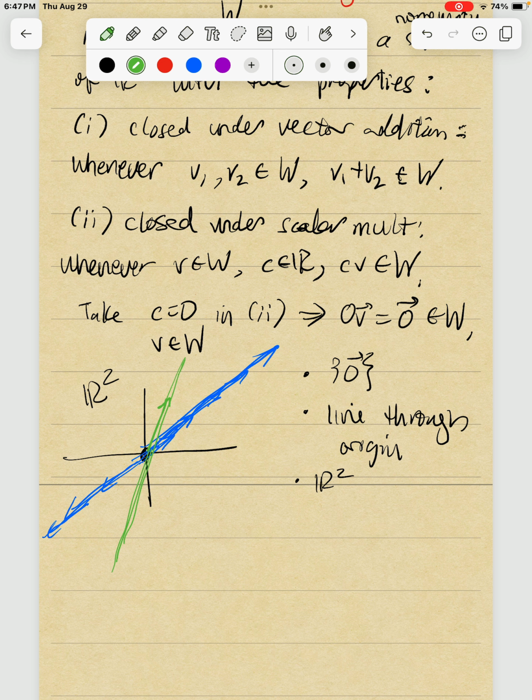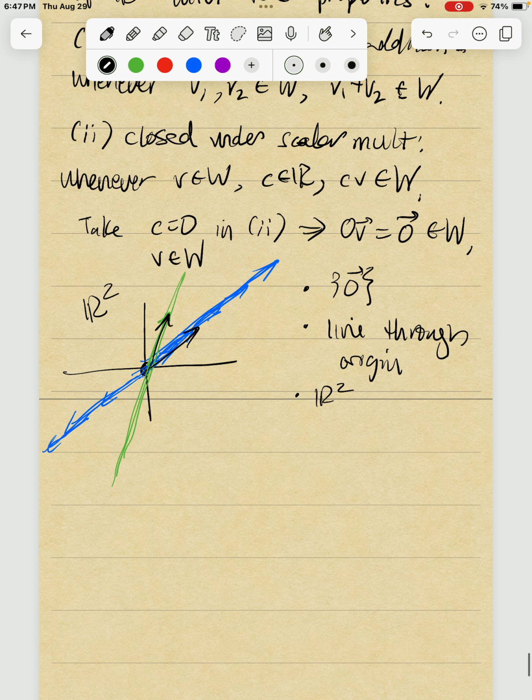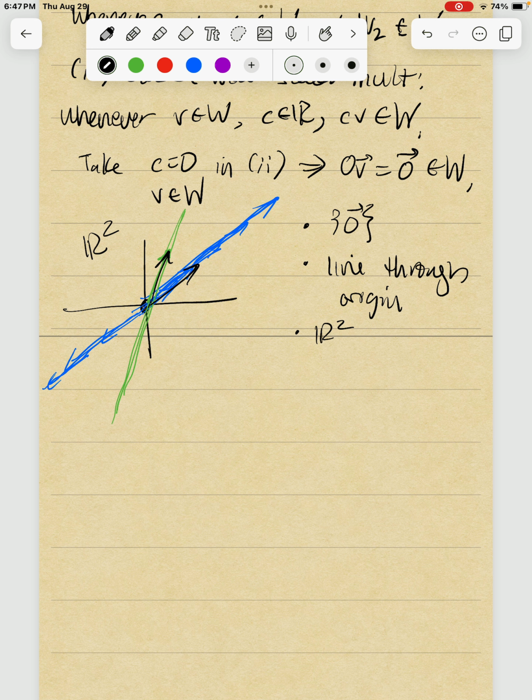And if you think about what that tells you, it implies that you'll get all of R2, because if you have a vector on this blue line and a vector on this green line, those 2 are linearly independent, and they will span R2. So subspaces of R2 are relatively simple. They're just lines through the origin, or R2, or the 0 vector.